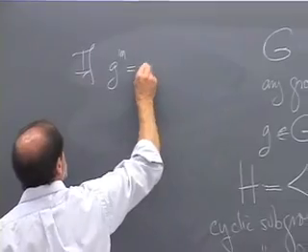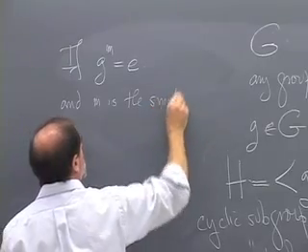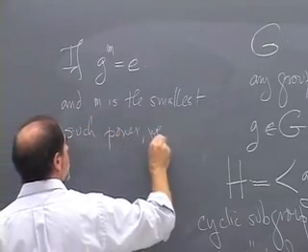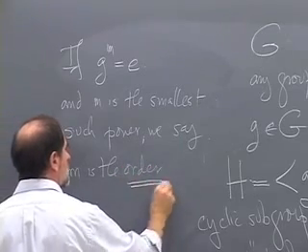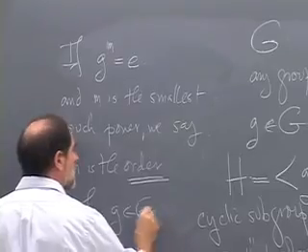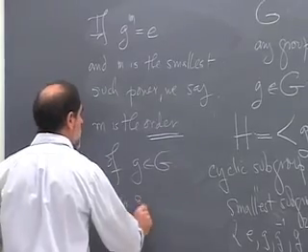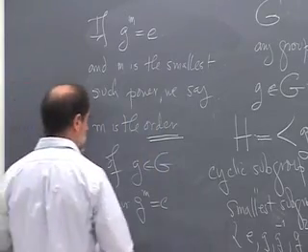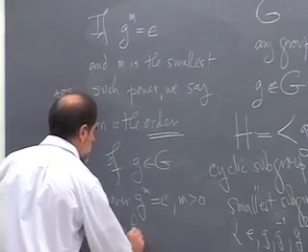So if g to the m is equal to the identity, and m is the smallest such positive power, we say m is the order of g in G. And if no power g to the m equals the identity, for m greater than 0, we say g has infinite order.